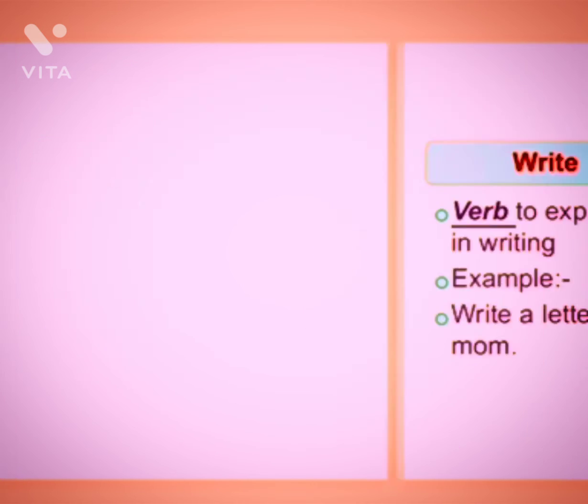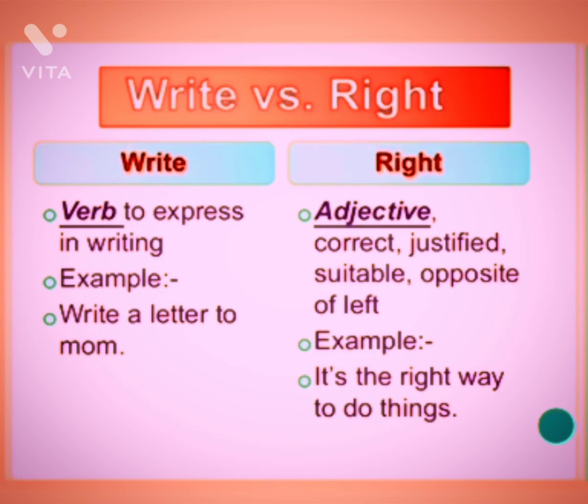Fine. Next is write and right. The pronunciation is also the same, so we get confused with the spelling. W-R-I-T-E is a verb, to express in writing. Write a letter to your mom, write a letter to the principal.